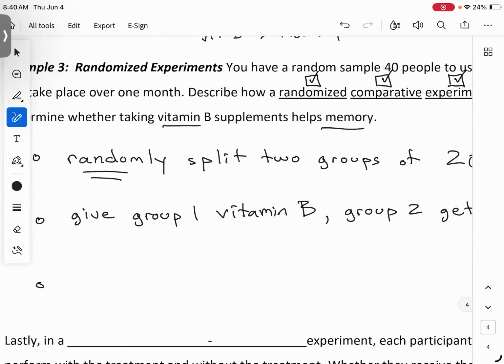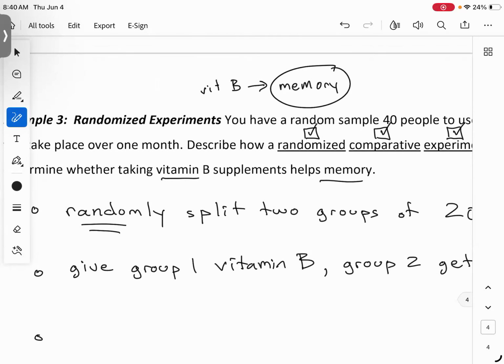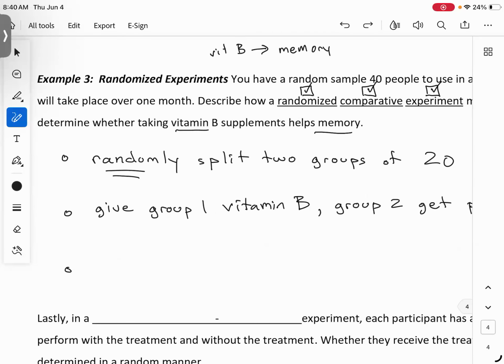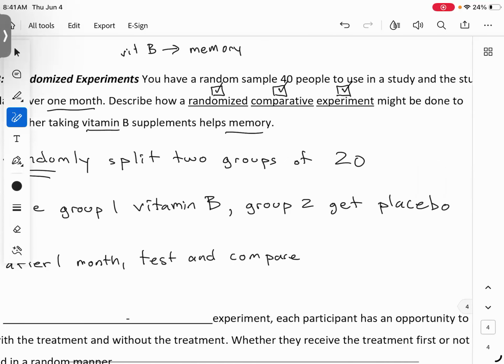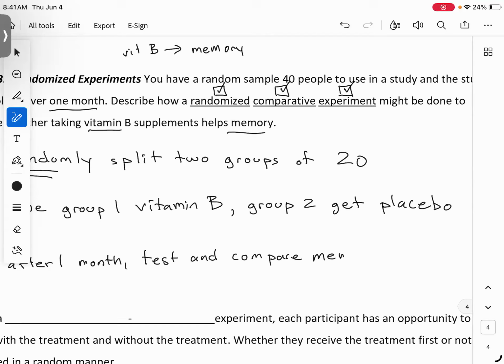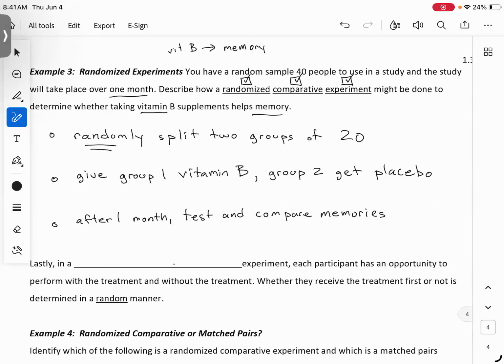What's going to be compared is the memory. So after 1 month, test and compare memories.